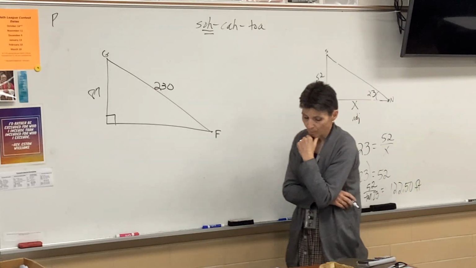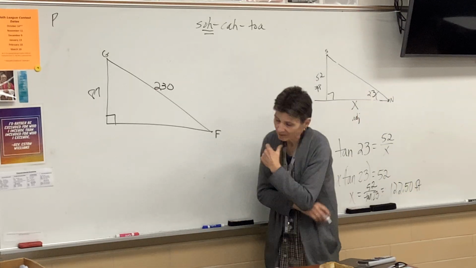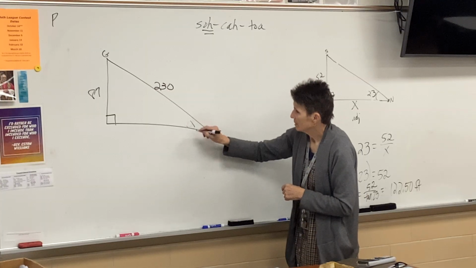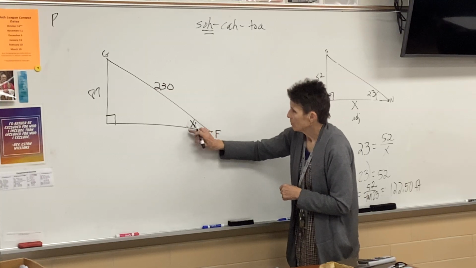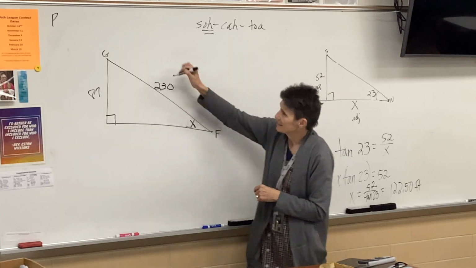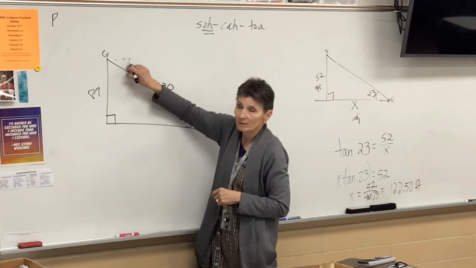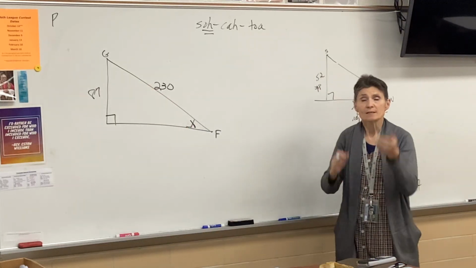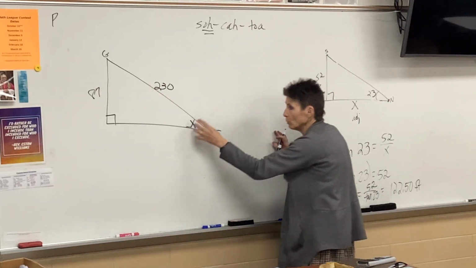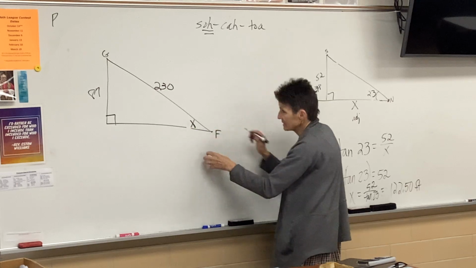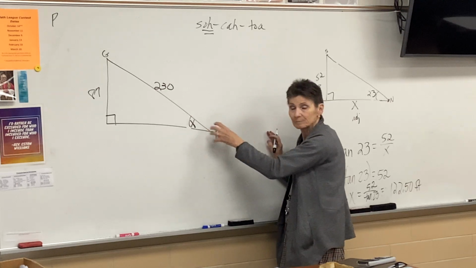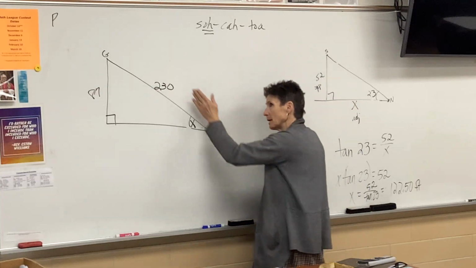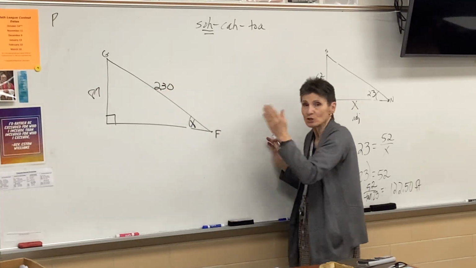What do we want to know? We want to know the angle of depression. Now, remember, that's what we want to know. Remember, our angle of depression is technically up here, but I don't want to mess with that. So the angle of elevation, the angle of depression, both go right here. Okay, that's your angle right there. Whether the fish is looking up at the gull or the gull is looking at the fish, the angle is the same.